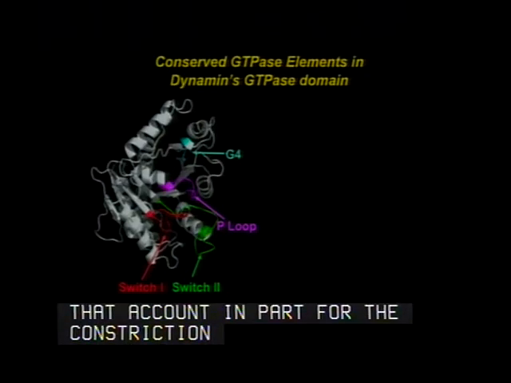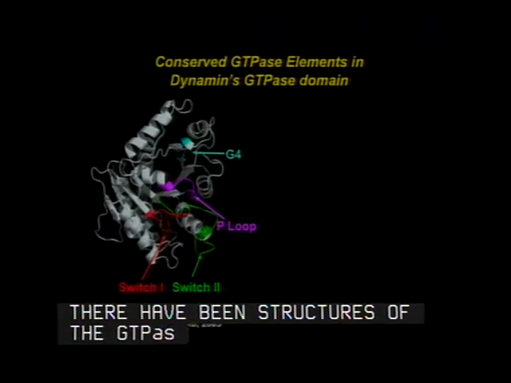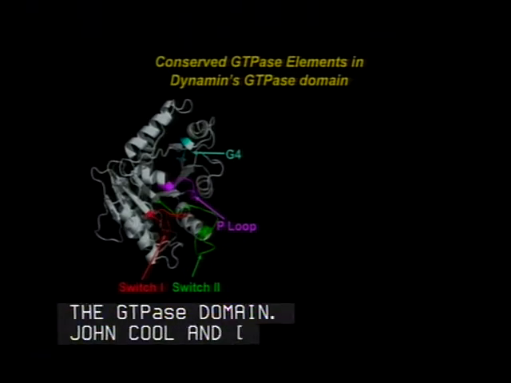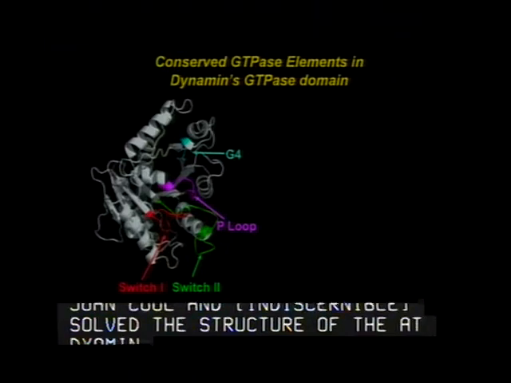There have also been structures of the GTPase domain. John Kuhlman and Dietmar Manstein solved the structure of the rat dynamin GTPase domain shown here, and the Dictyostelium dynamin GTPase domain.